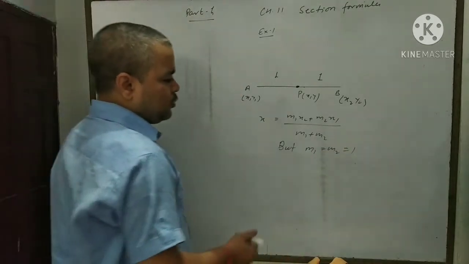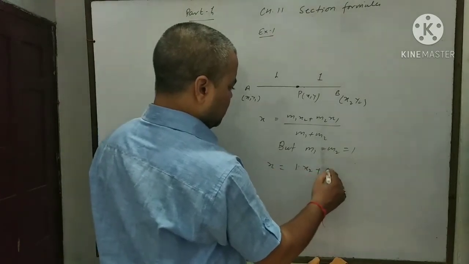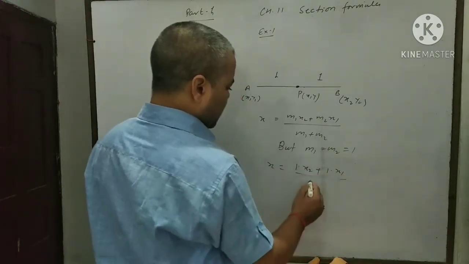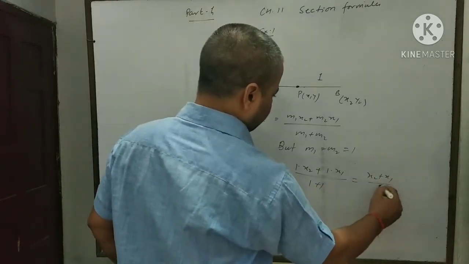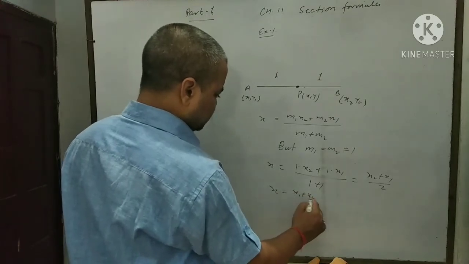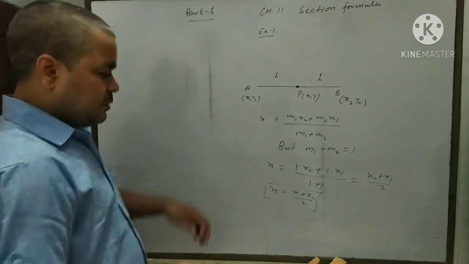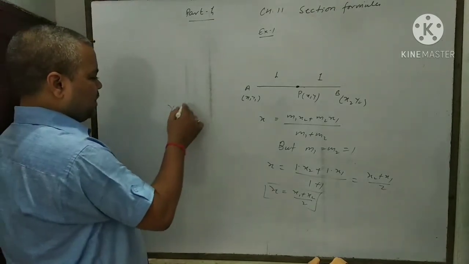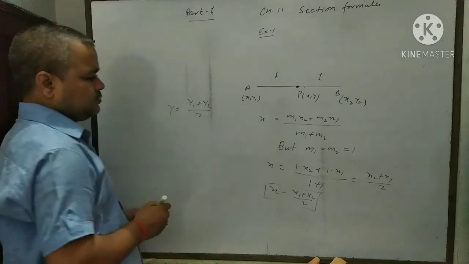If we put M1 and M2 as 1, then we find that x is equal to (1 into x2 plus 1 into x1) upon (1 plus 1). It will be (x2 plus x1) by 2, or simply we can write x is equal to (x1 plus x2) by 2. Similarly, we can prove that y is equal to (y1 plus y2) by 2.